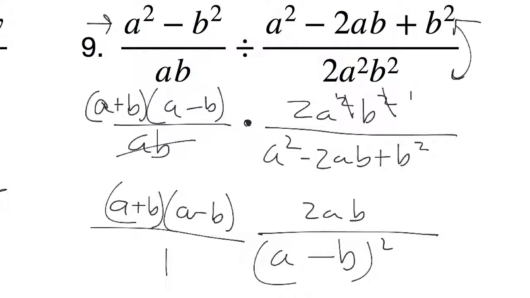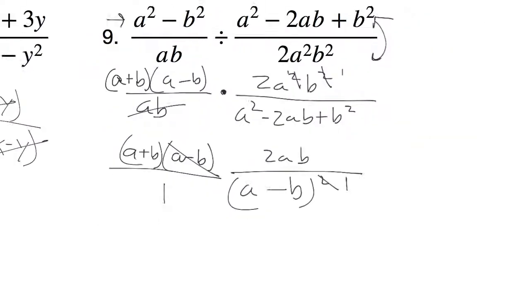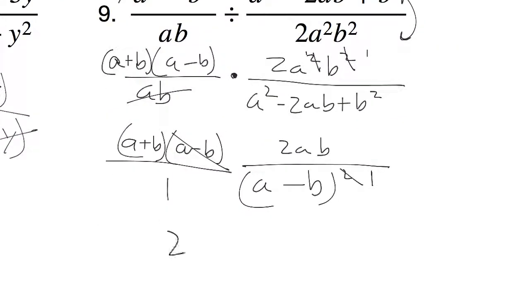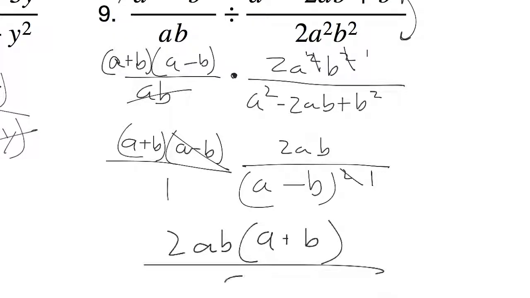And then we can cancel one of these. So at the end of the day, we're left with 2ab(a + b) over (a - b), and that is the answer.